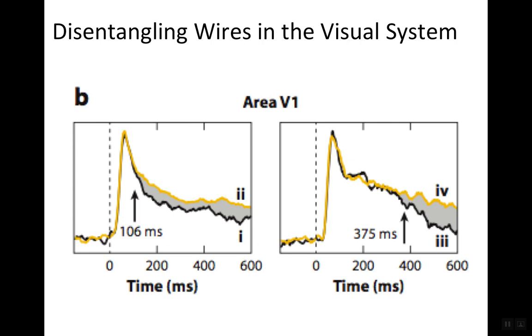So here's a slide, and it's a little bit complicated, so I'm going to walk through it with you. We're talking now about neurons in area V1, and what we see here is that for both neurons that are early in the tracing process, i.e. areas 1 and 2, close to the devices, and neurons that are late in the process, areas 3 and 4, close to the wall plug, they both have a high activation at the beginning, which is very fast, less than 100 milliseconds, and this basically represents the information of the stimulus from the eyes.